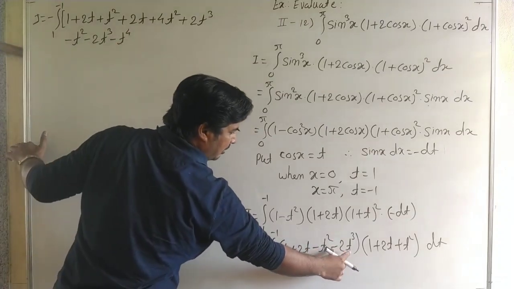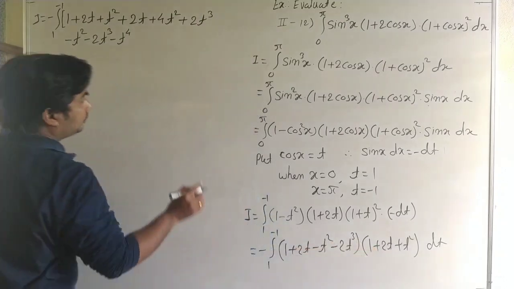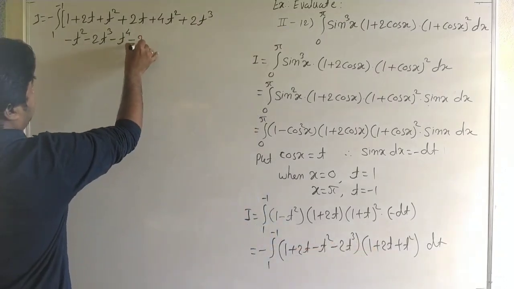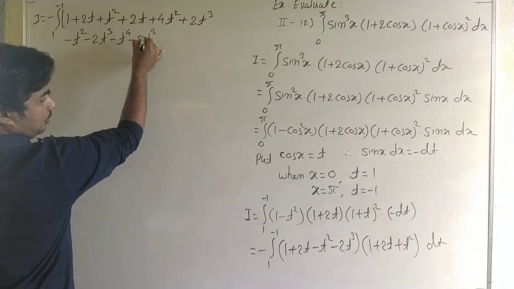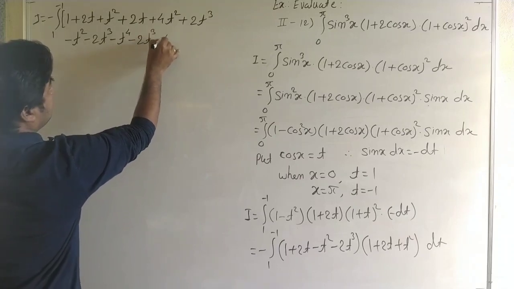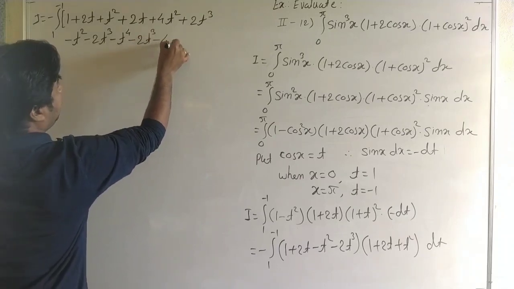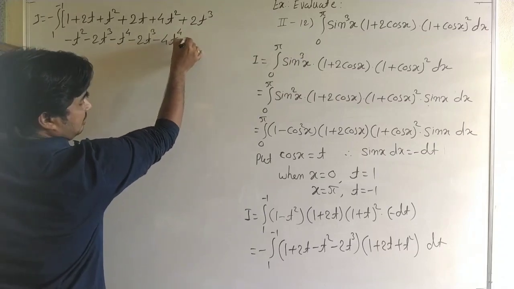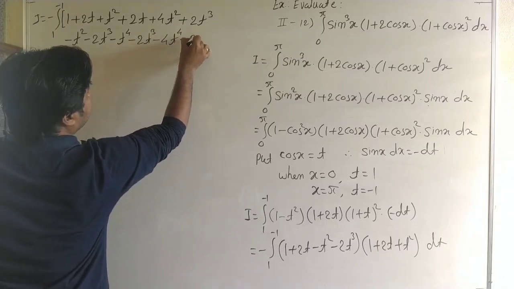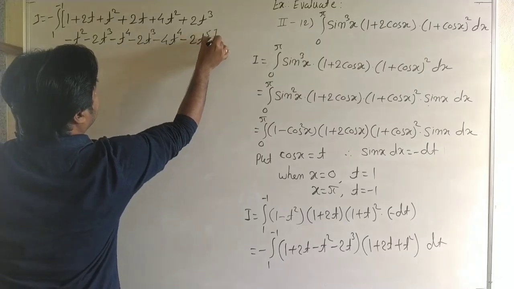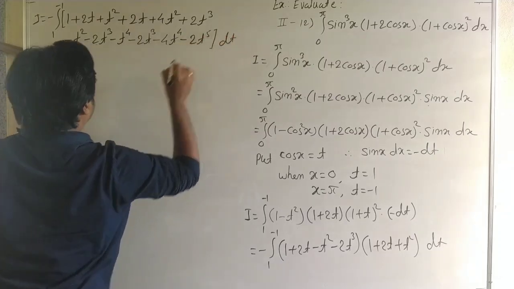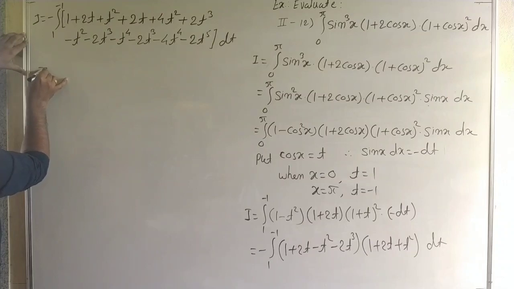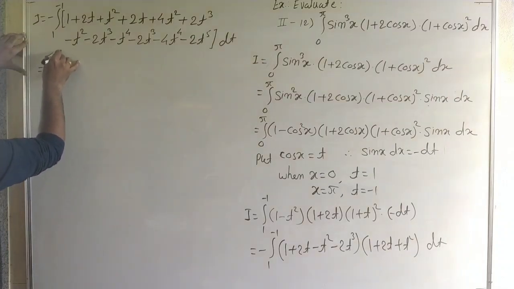Now multiply by minus 2t cube to this term: minus 2t cube, minus 4t to the power 4, and last minus 2t to the power 5 dt. Then the limits are 1 to minus 1.